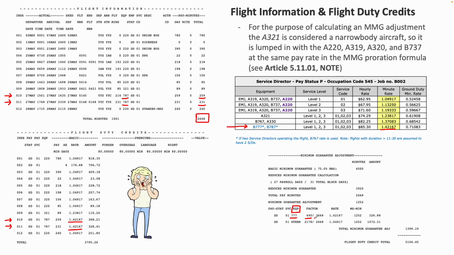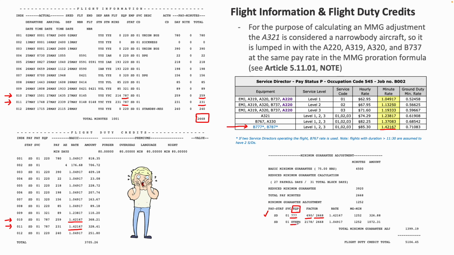So that would be the other number to help determine our ratio. So 490 over 2,668, that would be correct. So we know that portion of the calculation is all done correctly.